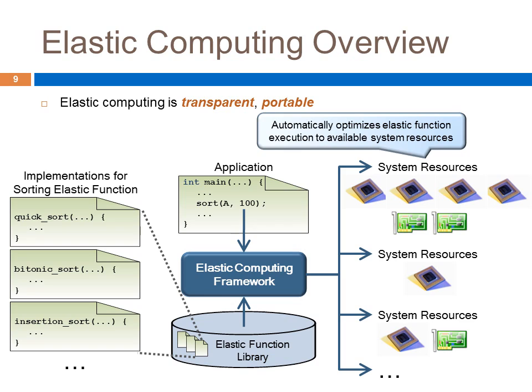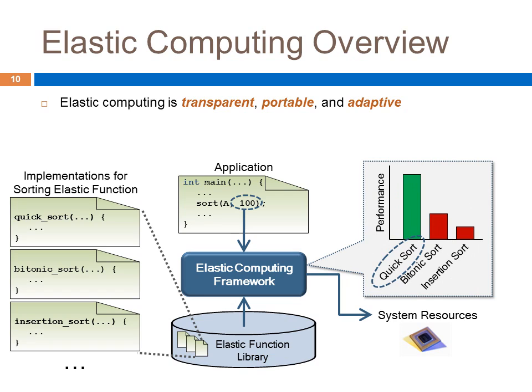So if you move this application to a different system, elastic computing will automatically optimize the code for that system. If you add more resources to your current system, for example, say you add another GPU, the elastic computing framework will automatically start using that GPU by choosing different implementations, different parallelizations, and so on. Again, all without any changes to the application code. And finally, elastic computing is also adaptive because it can adjust its implementations to changes in input parameters.